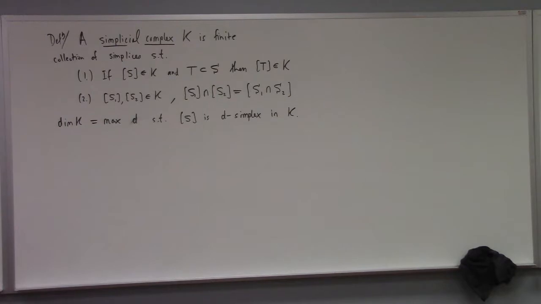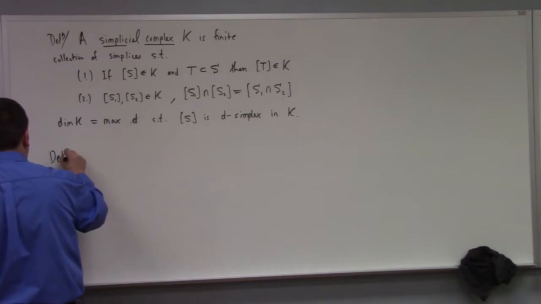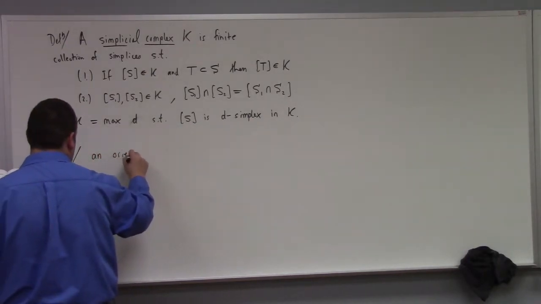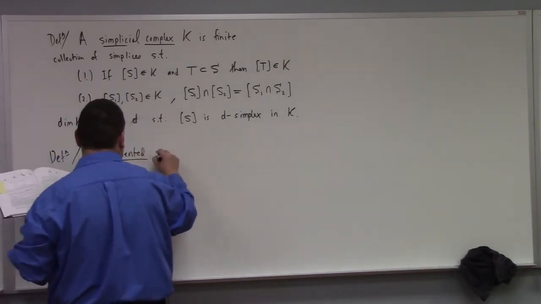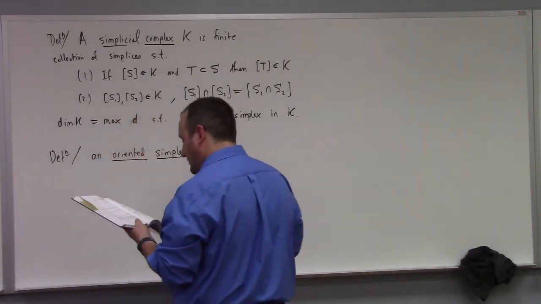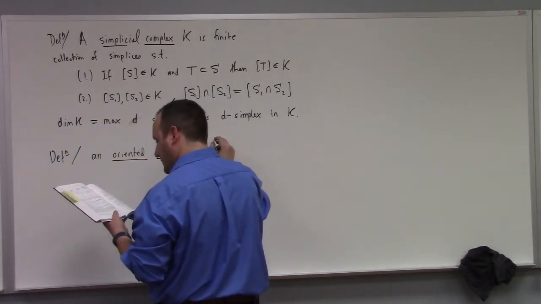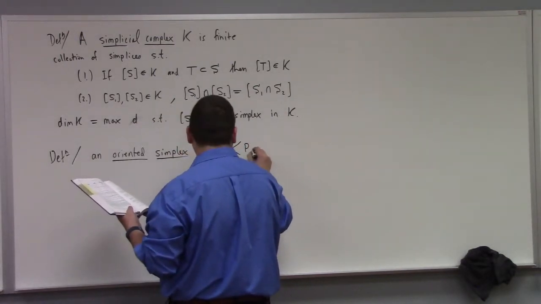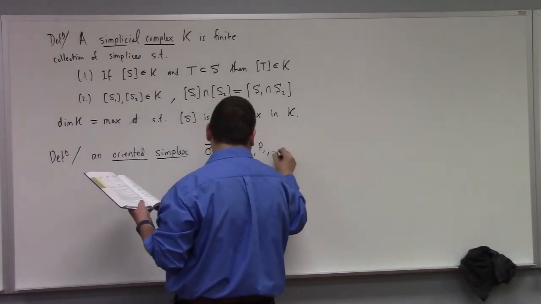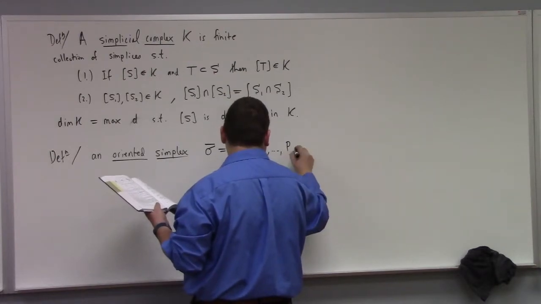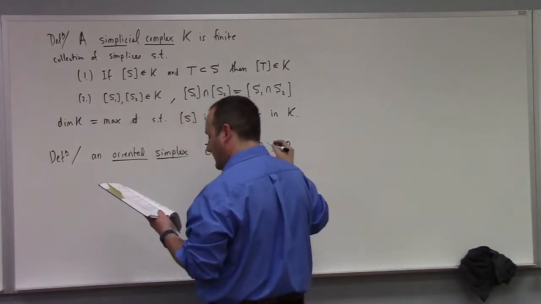All right? Now, not being content with what we've already done, we add another wrinkle: oriented simplex. What's an oriented simplex? It would be something like sigma bar, which is equal to the simplex on P sub 0, P1, dot dot dot, Pn. Well, I'll stick with his notation, Pn.